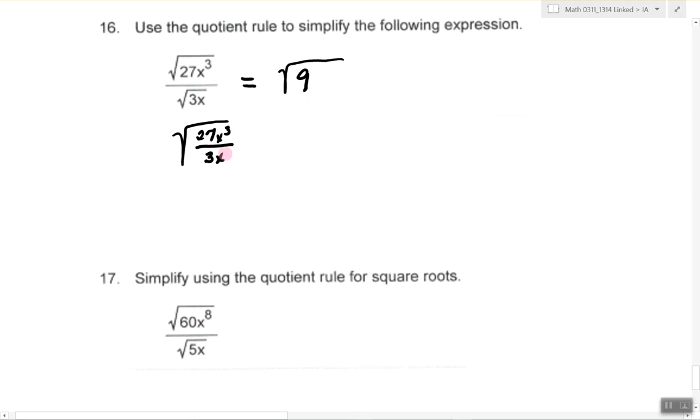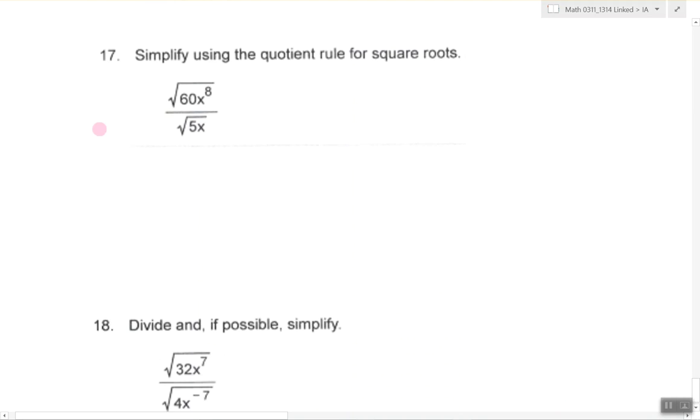Use your quotient rule with exponents, which tells you to subtract. And now simplify your answer. That is 3x. So when it's a quotient, I say go ahead and jump right in and divide if you can, because simplifying will be easier.